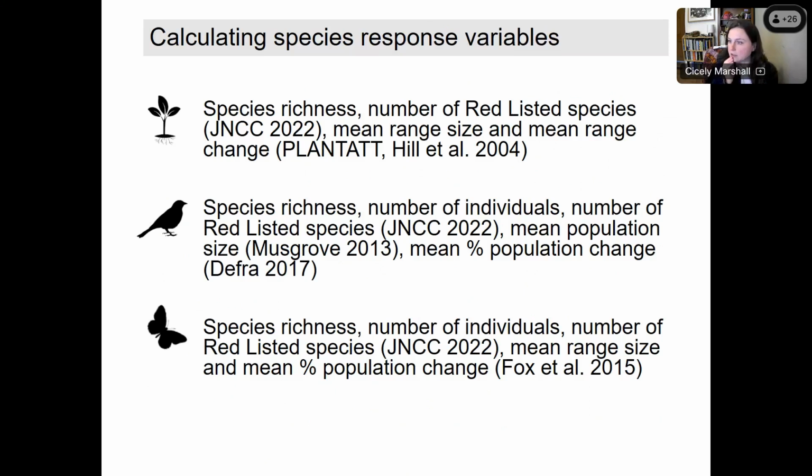For birds, we had 5 variables: species richness, number of individuals, number of red-listed species. We used mean population size rather than mean range size, and mean percent population change. And for butterflies, species richness, number of individuals, red-listed species, mean range size again, and mean percent population change.